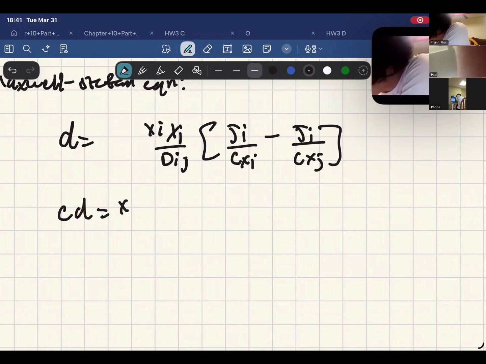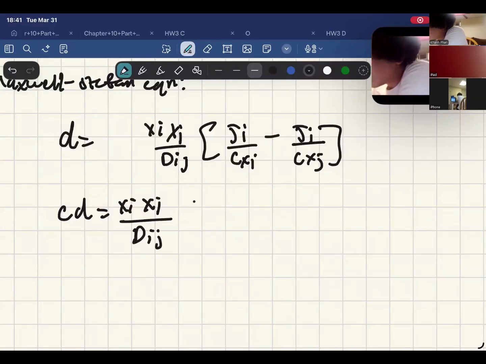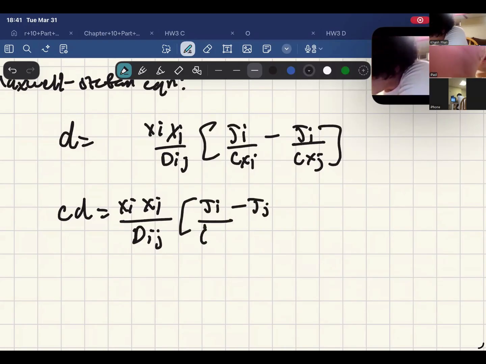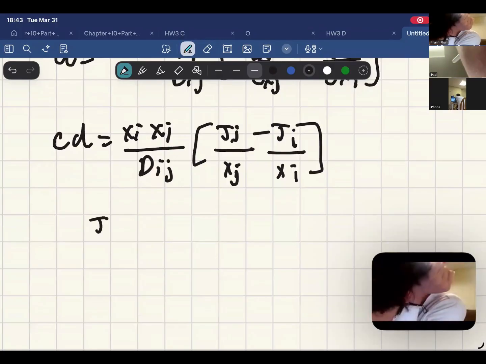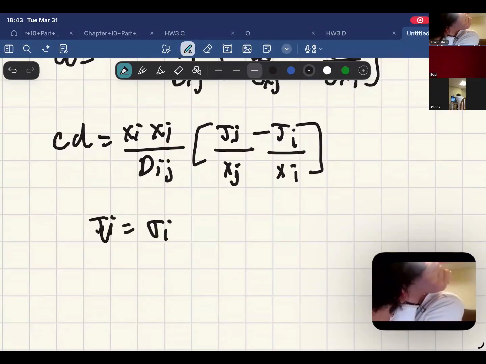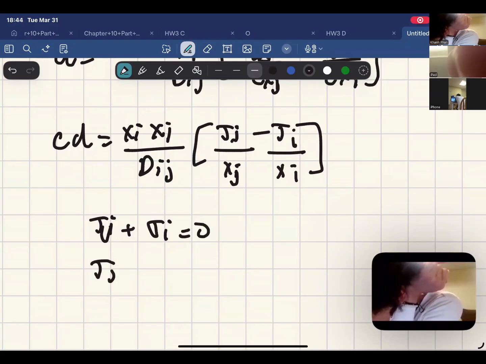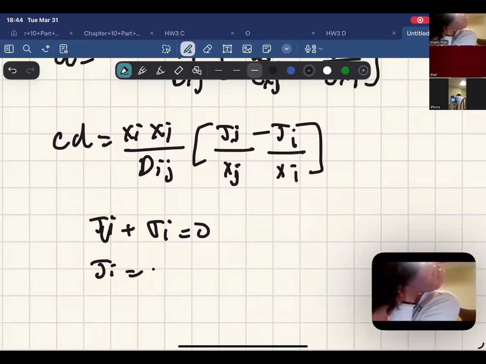So we have c D over x_i, x_j over the diffusion coefficient of both species, times J_i over x_i minus J_j over x_j. We know that J_j plus J_i is equal to 0, so J_j is negative J_i.